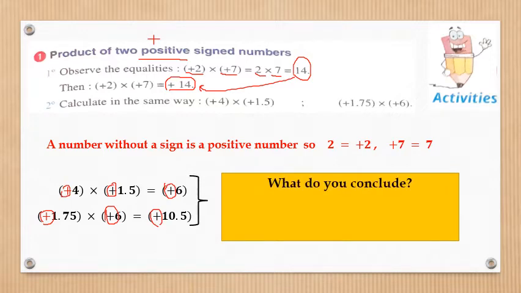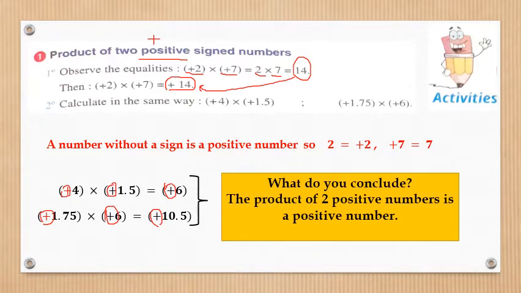So what do we conclude? I have to memorize that if I multiply two positive numbers by each other, the result will certainly be a positive number.